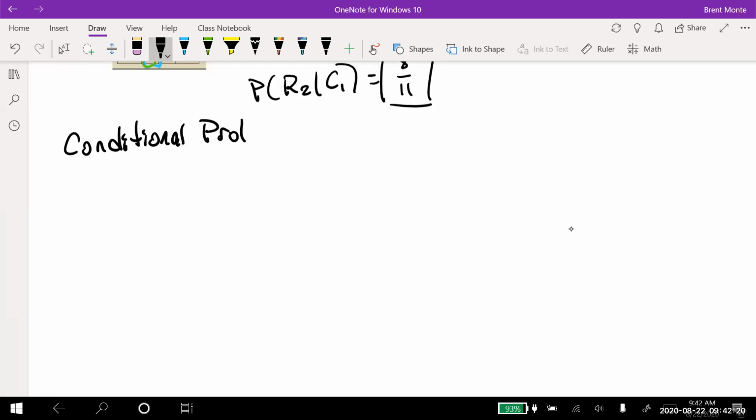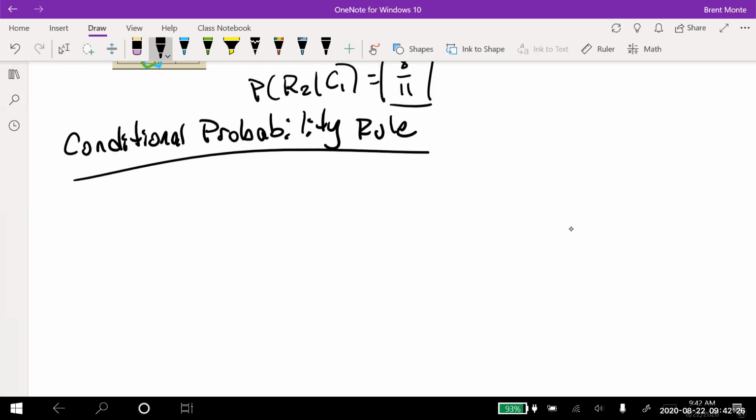Sometimes we don't have the table, and so we need a formula, which they give us here. The conditional probability rule says the probability that B happens given that A happens is the probability that both A and B happen divided by the probability that A happened.